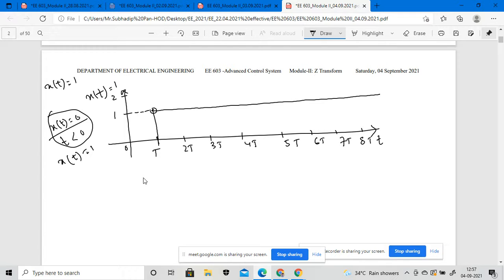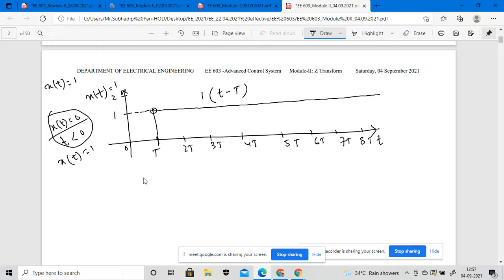So this will be called a shifting graph, having a value of 1 into t minus T. That means this particular unit step function, suppose it is a unit step function, is delayed by one sampling period, right?